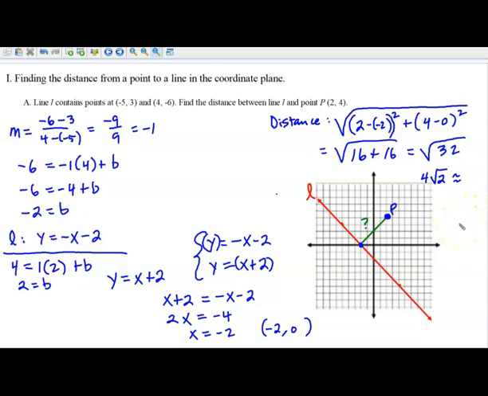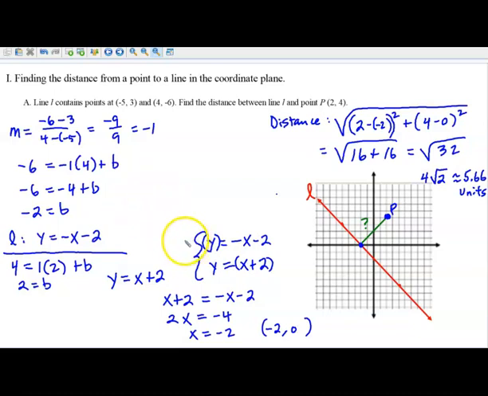So just 4 times the square root of 2 in your calculator. And we'll just do these to the hundredths. So in hundredths, that would be 5.66, and then we'll just say units. We don't know what they are exactly, but we'll just say that it's 5.66 units from point P to line L. Okay, so that's going to be the process.